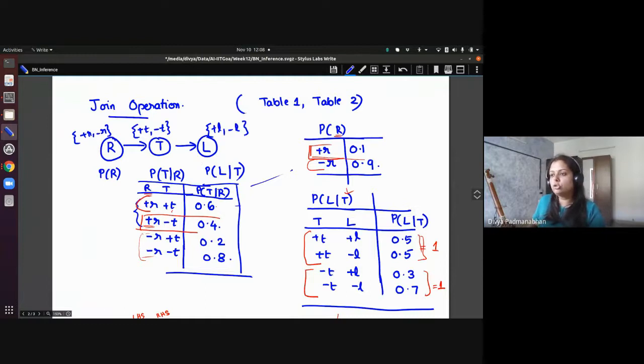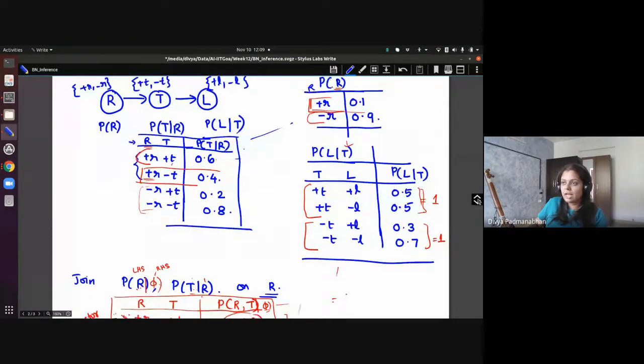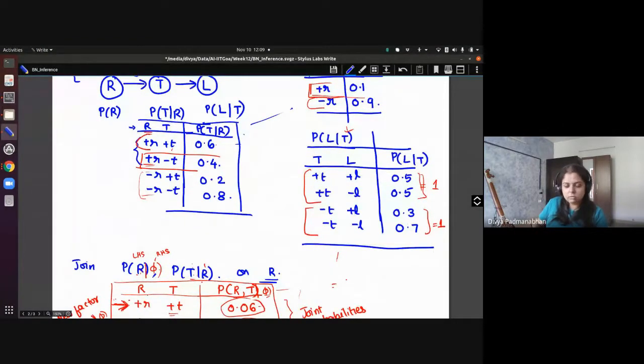If you wanted to join these 2 tables, P of R and P of T given R, you get a new table with all the columns. One table has a column for R, and the other has columns for R and T. The new table is also a factor, with all the columns of both tables: R and T. R comes twice, but it appears just once in the new joint table.